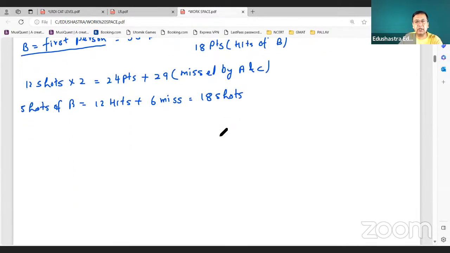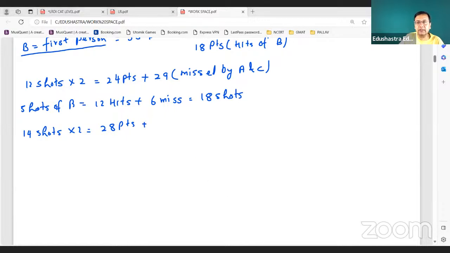So I just go a little further, right? If I take say 14 shots, 14 into 2, that is how much? 28 points, right? 28 points by hitting the target.